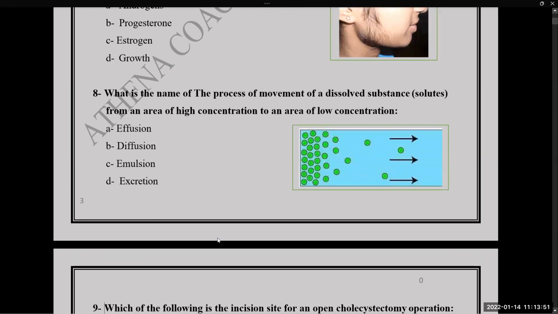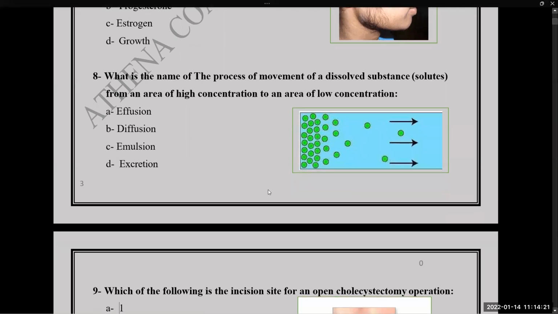What is the name of the process of movement of a dissolved substance, that is solute, from an area of higher concentration to an area of lower concentration? What is this called? Movement of solute from higher concentration to lower concentration is diffusion. Okay. Next question.